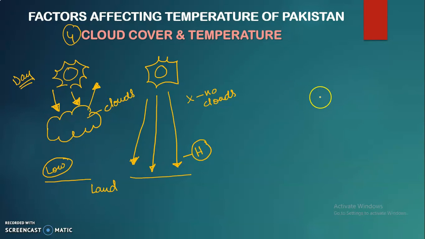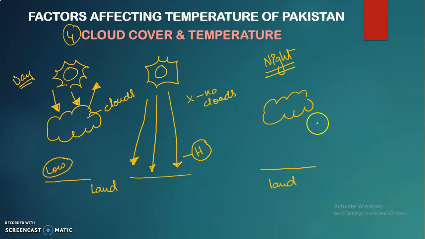On the other side, if we talk about the same thing, but in the night time when the heat is released, over here a land surface again with a cloud cover, and on the other side without a cloud cover.